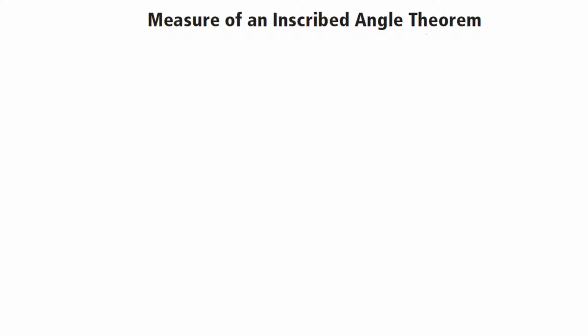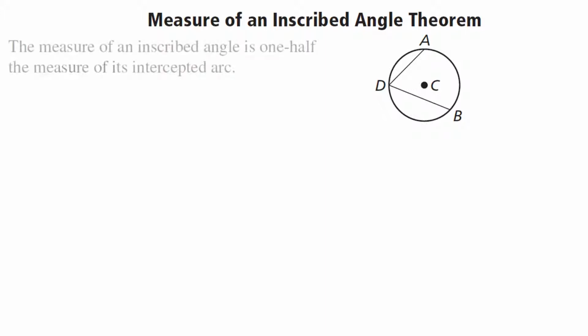Okay, so now let's get to the measurement. This is where it's really different from before. Because before, it was a central angle, where the vertex was at the center of the circle. But this time, because the vertex is on the circle, notice that the measurement of the arc is not the same as the measurement of the angle.